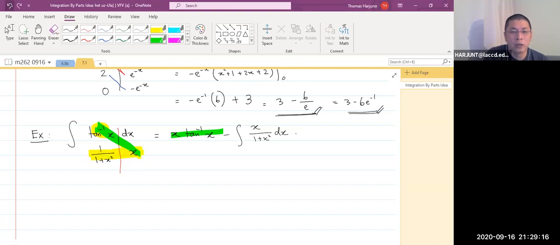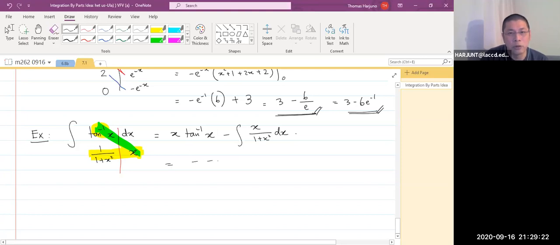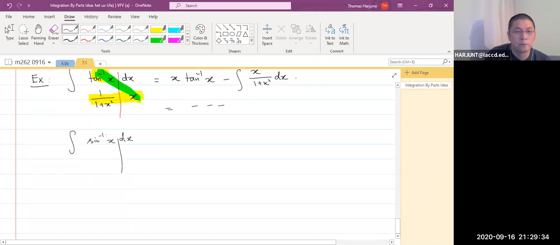And then, well, we did this problem before. You can just continue. You don't need integration by parts anymore here. You just do substitution. If you take a look at sine inverse, the integral of sine inverse x dx, the same thing happens. This will be 1 over square root of 1 minus x squared.